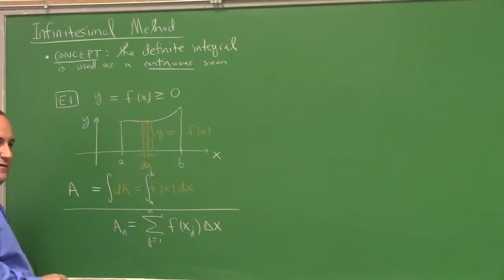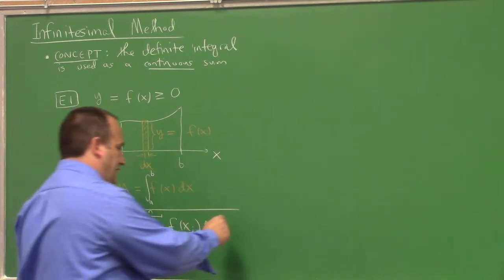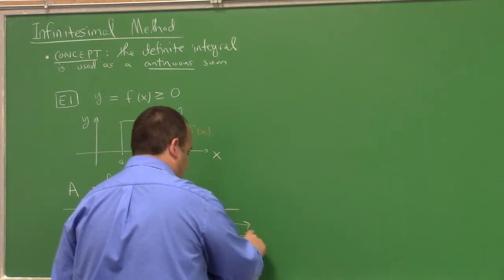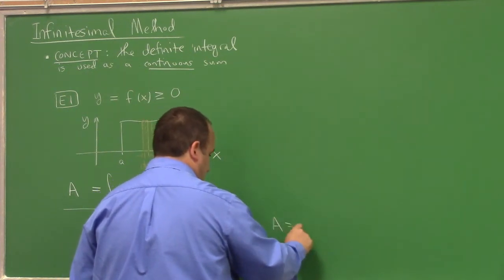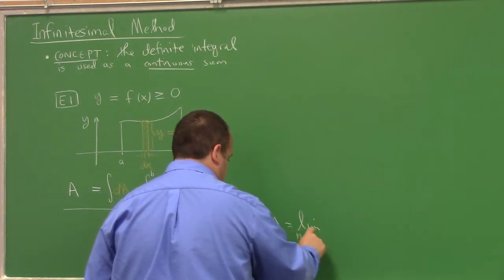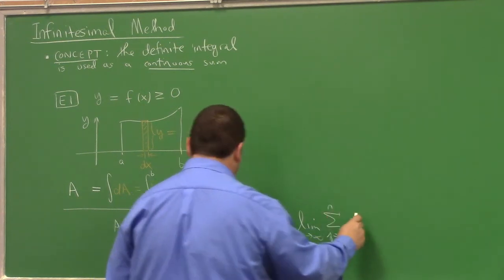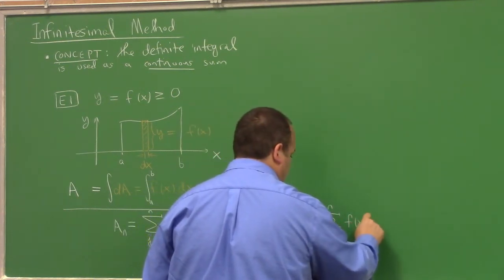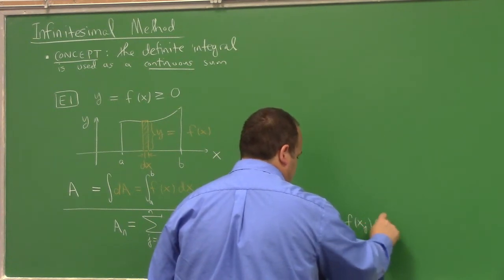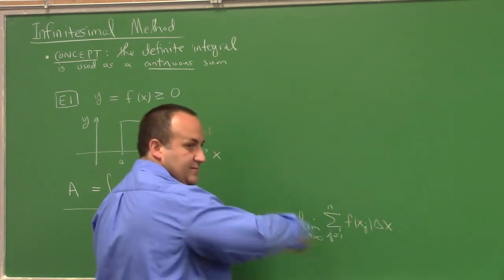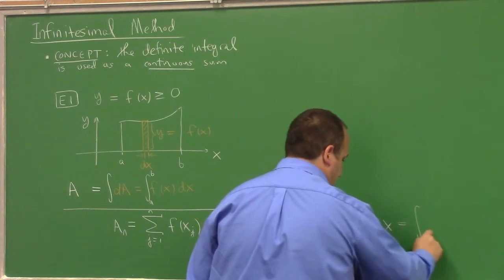And then we say, okay, take n going to infinity, and we get A is the limit as n goes to infinity of this summation. But then you're like, oh, I know what that is. This, by definition, is the integral from a to b.